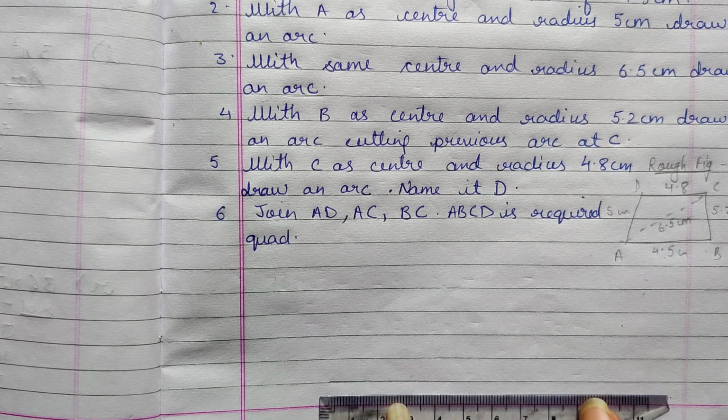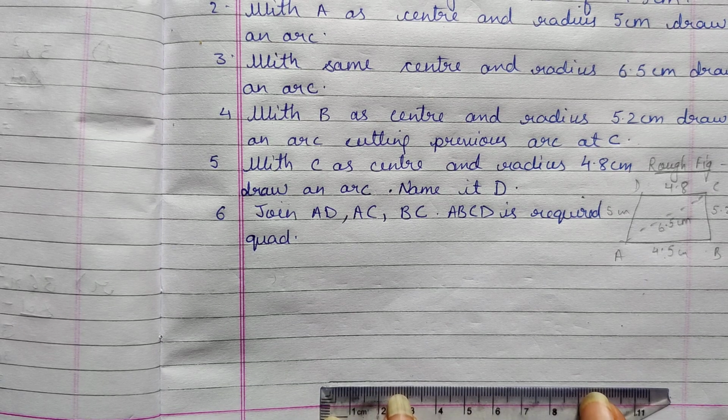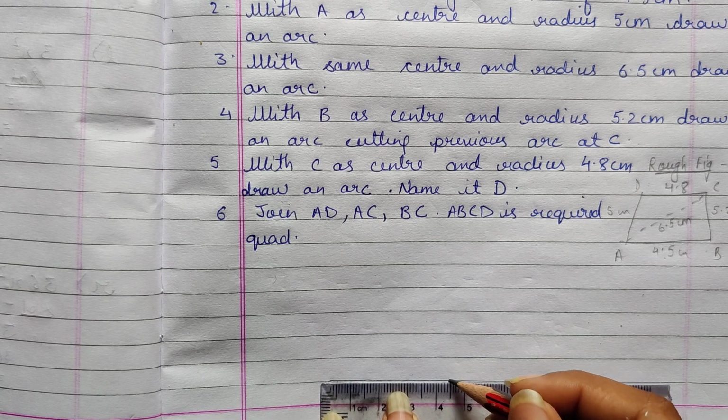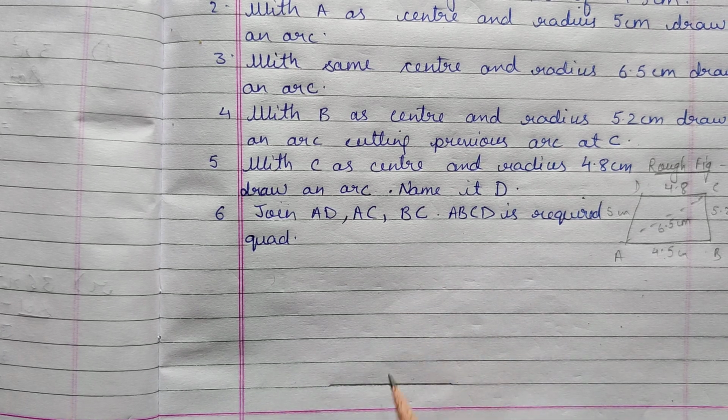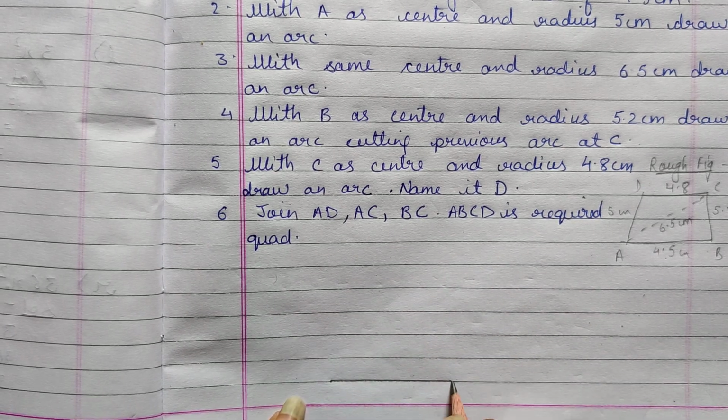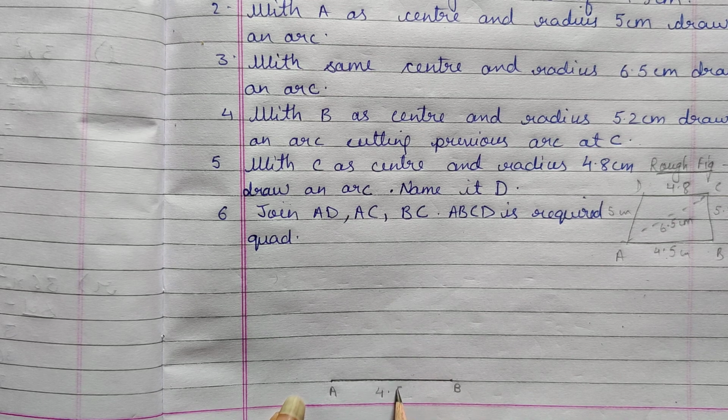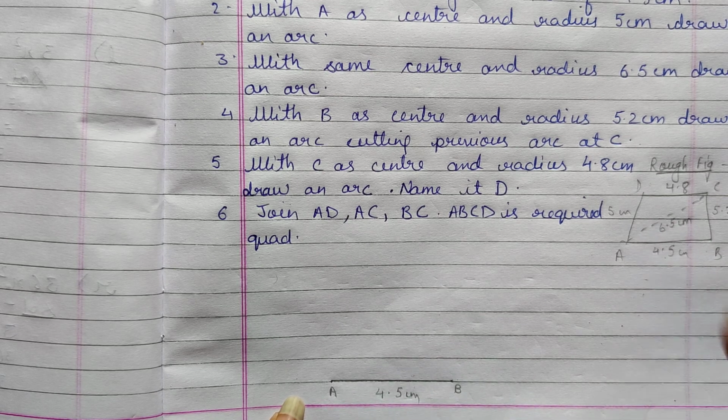Anything which you will draw in the geometry copy, please use a sharp pencil for that. So this is the line. Make small dots at the end of this line. This point is A, this is B, and the length of this is 4.5 centimeter, as we have mentioned it in the rough figure.